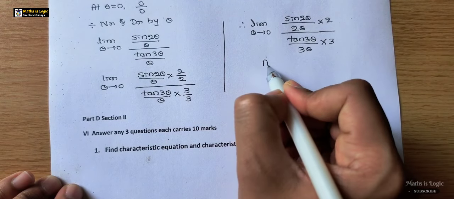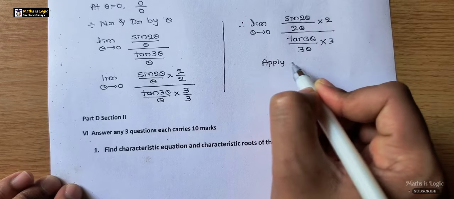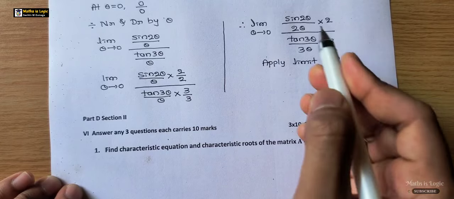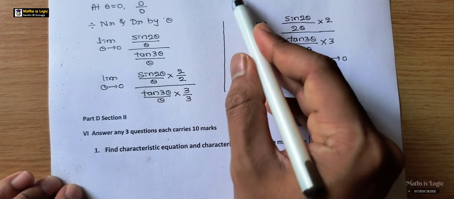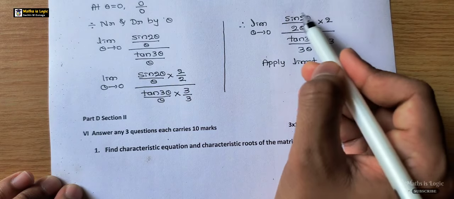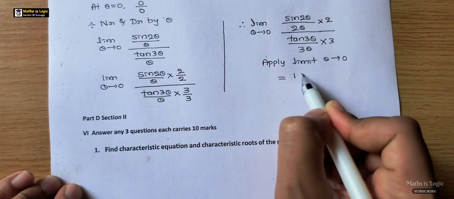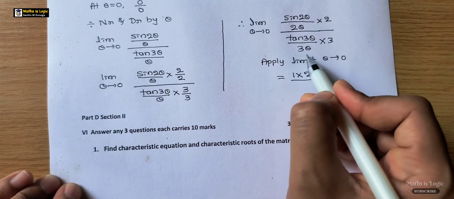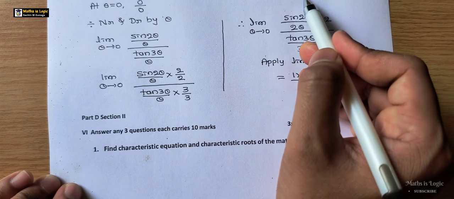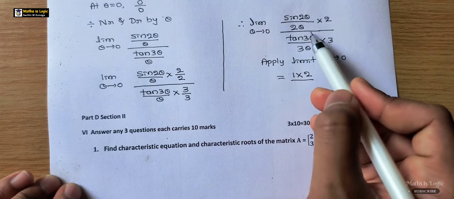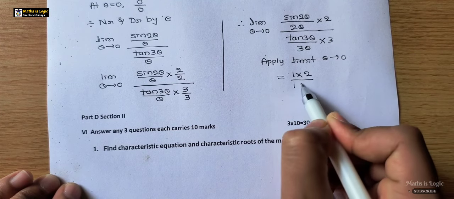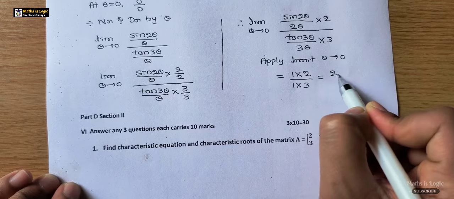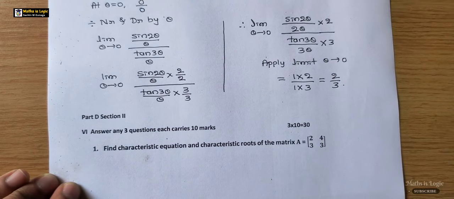After this, apply the limit theta approaches 0. That time this looks like sine theta divided by theta, so this value directly goes to 1, into remaining number 2, divided by this which looks like tan theta divided by theta. After applying the limit, this value also goes to 1, into remaining number 3. Therefore the final answer is 2 divided by 3.